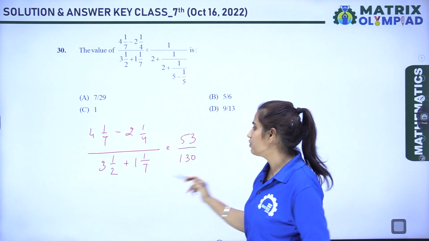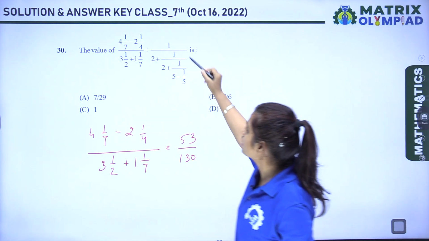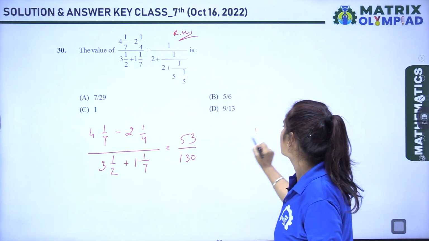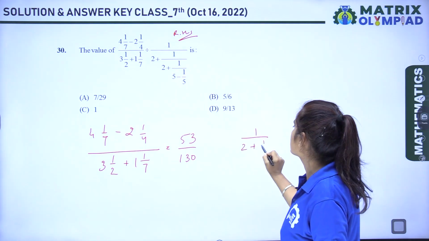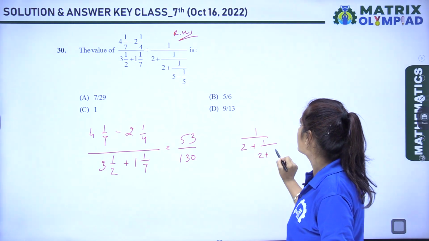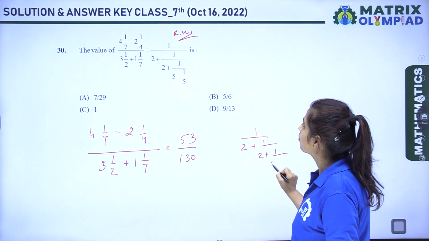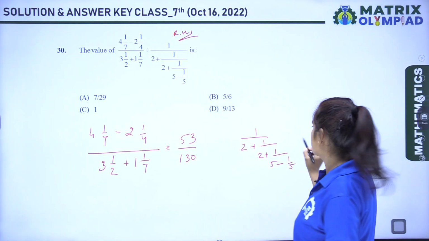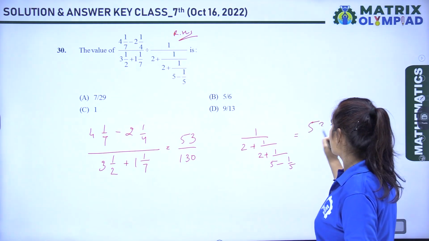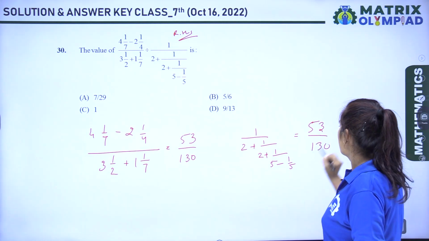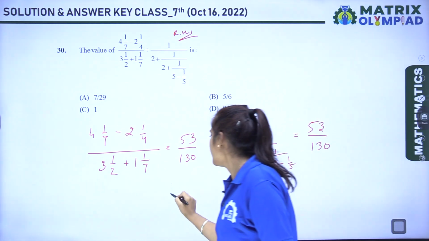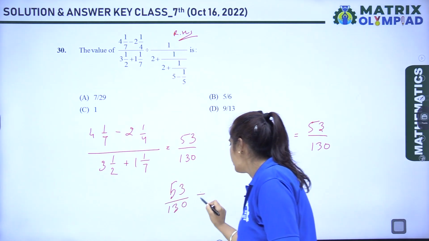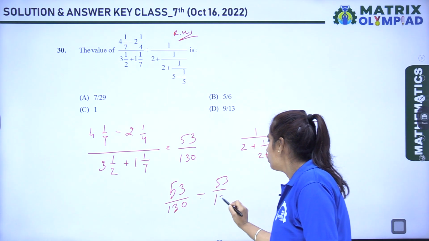Now let's solve the right side of this expression, that is 1 2 plus 1 2 plus 1 by 5 minus 1 by 5. After solving this side we get the same fraction, 53 upon 130. So we have to simply divide 53 upon 130 by 53 upon 130.